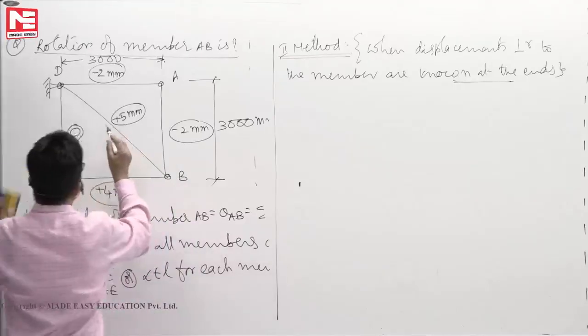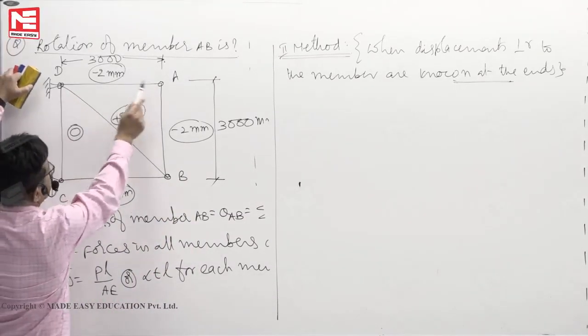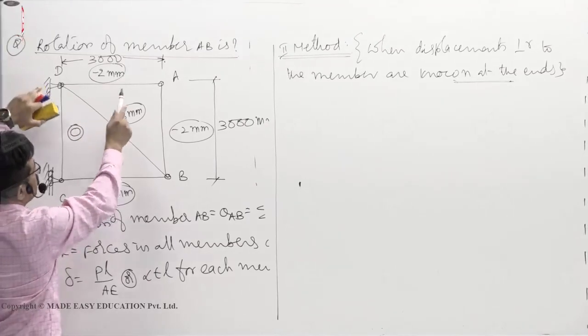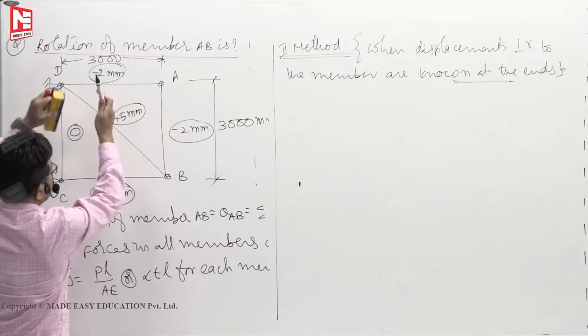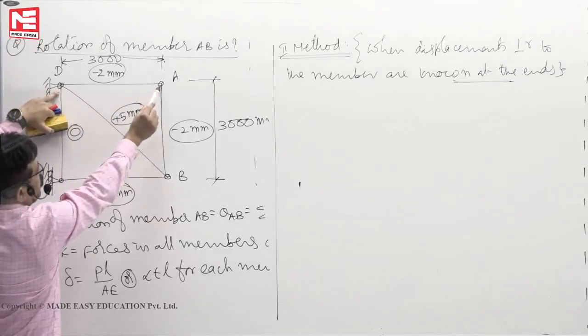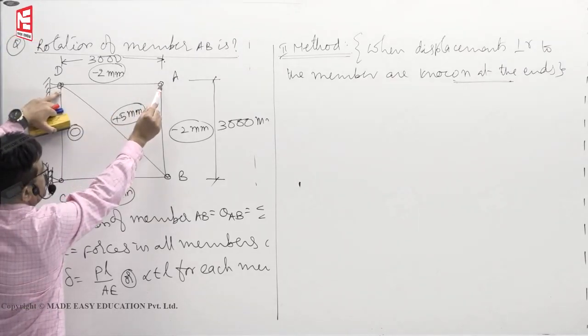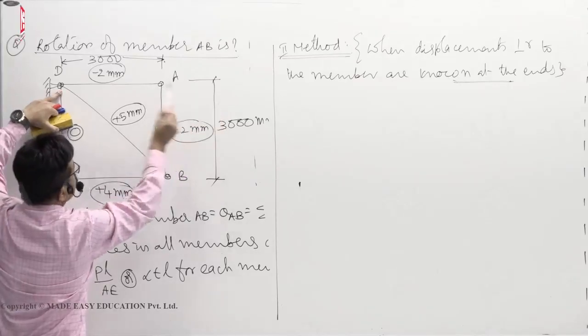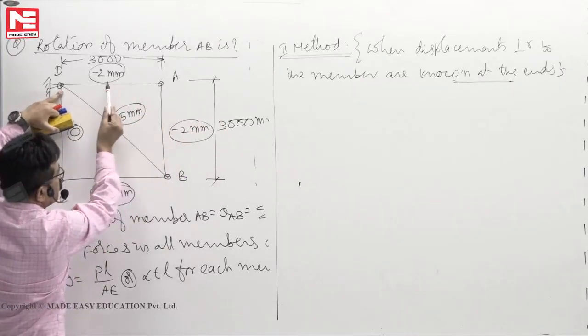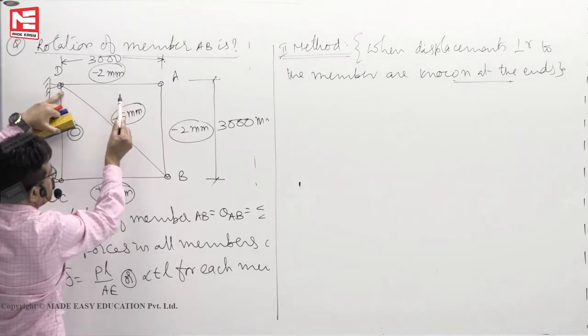Come to this problem. DA member is shortened by an amount of 2 mm. Minus 2 mm means it got contracted. If you stand at D and look at A, A will go to the left side, or inside. Minus 2 mm is contraction, that means A will go in by 2 mm.